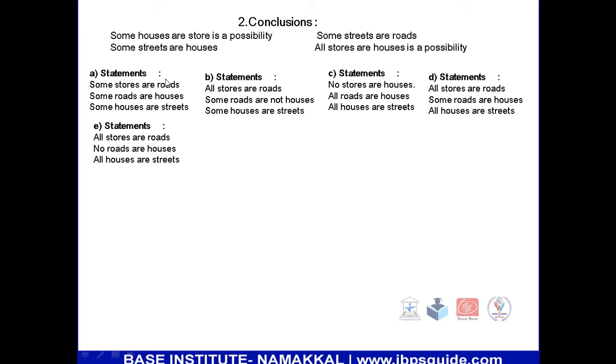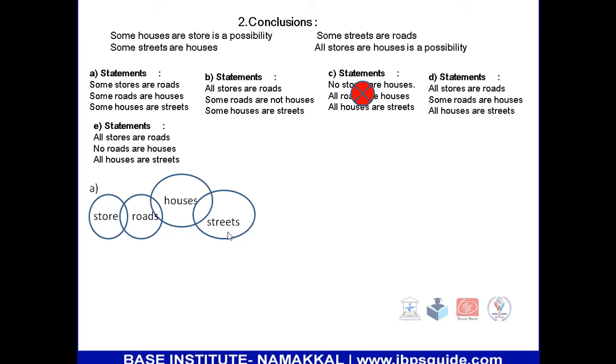While using the second step, we can clearly see statement C, no stores or houses, will not give a result when compared with the sentence in the conclusion, all stores or houses is a possibility, so we can neglect it. And then applying the Venn diagram for statement A: some stores are roads, some roads are houses, some houses are streets. For statement B: all stores are roads, some roads are not houses, some houses are streets.